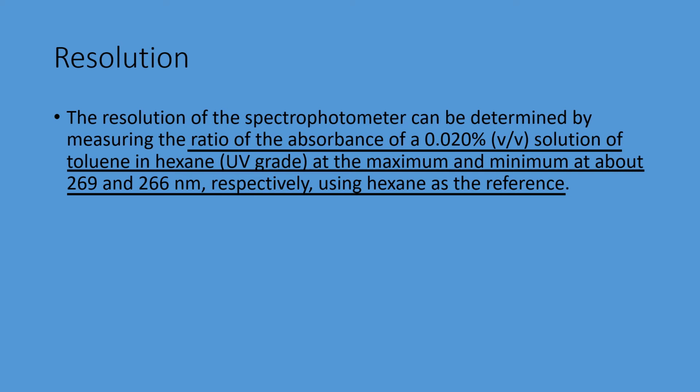So, for sharp absorption bands, the spectral bandwidth of the spectrophotometer used should not be greater than 1/8 of the natural half bandwidth of the compound's absorption. The absorbance ratio obtained depends on the spectral bandwidth of the instrument.